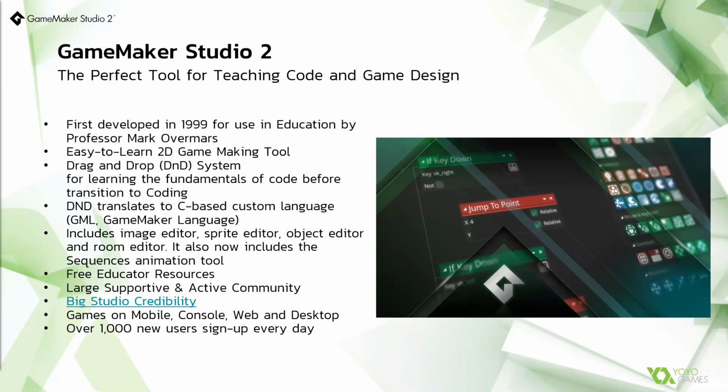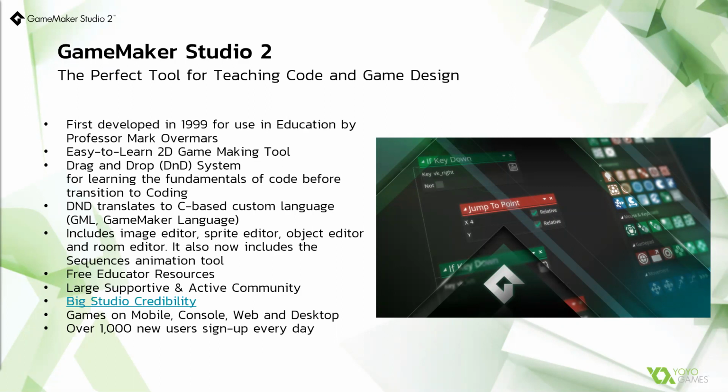So before we get to the educator survey, what we're going to look at here is an overview of GameMaker Studio 2. It was first developed in 1999, so 21 years ago, 22 years ago now, for use in education by Professor Mark Overmars.